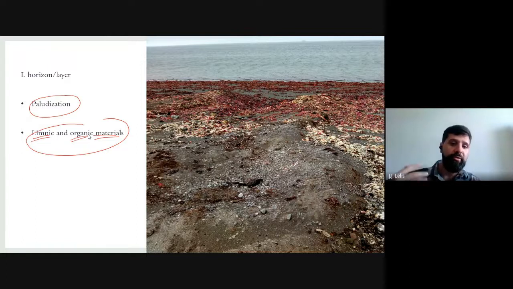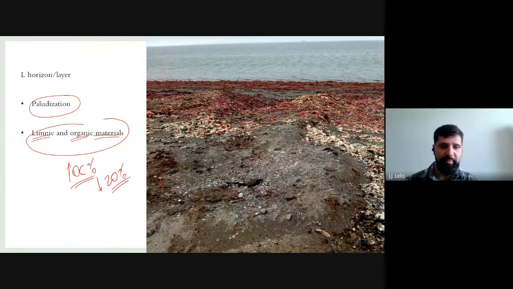But it could have a lot of organic carbon content. So you can identify some high organic carbon content, but it should be below 20%, okay? You could identify a lot of organic materials there, but you can also identify a low content of organic carbon. It's not a problem, it could be high or low.